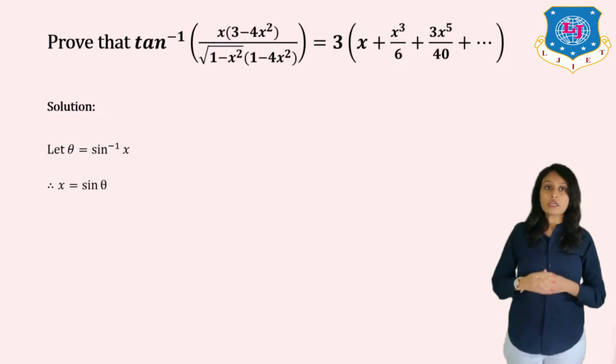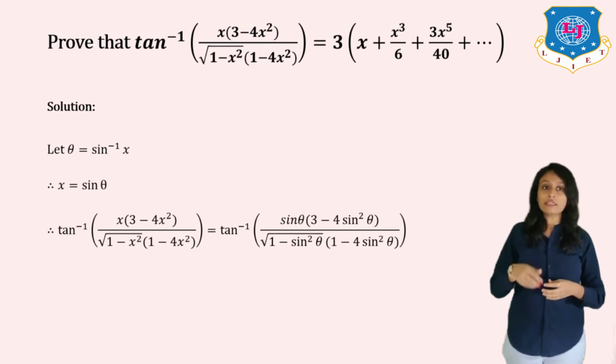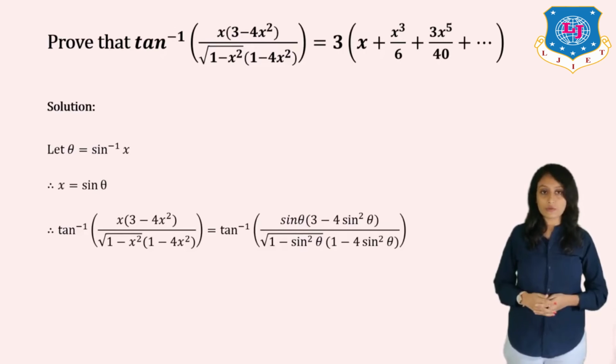So on substituting x is equal to sine theta, here we will get tan inverse of sine theta into 3 minus 4 sine square theta upon under root 1 minus sine square theta into 1 minus 4 sine square theta. We have just written sine theta in place of x.